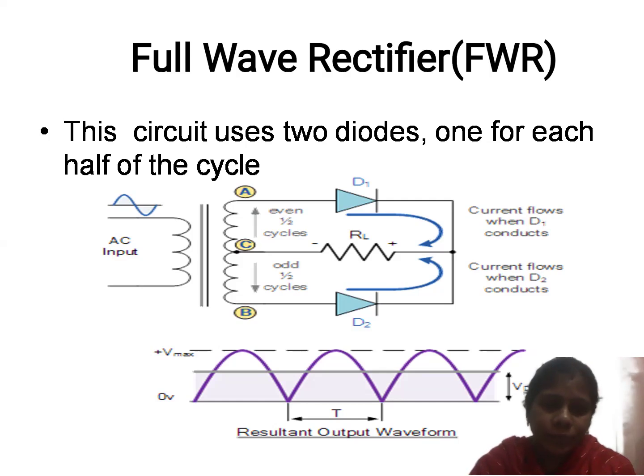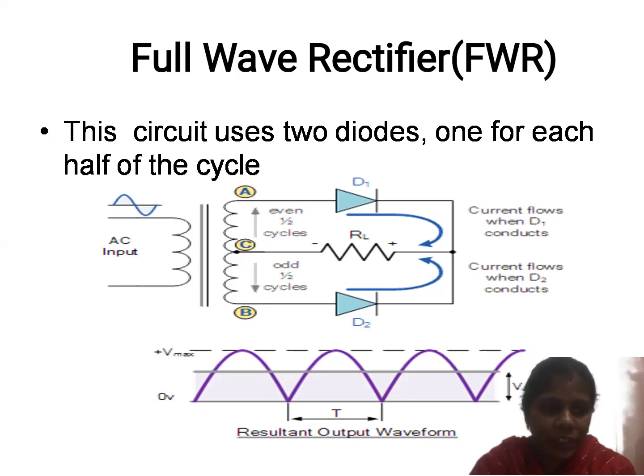If the polarities are supplied with the negative cycle, the potential at A is negative and the potential at B is also negative, but the polarity of B is already the minus phase.